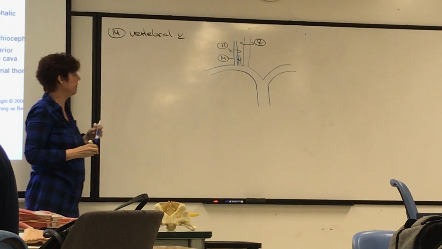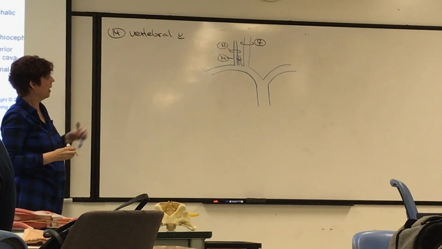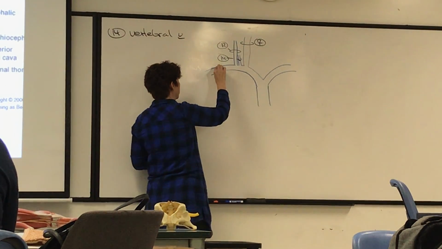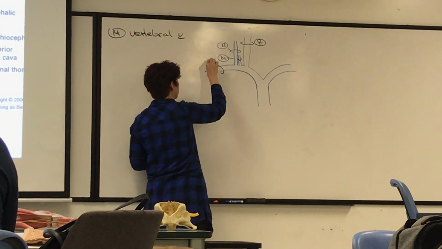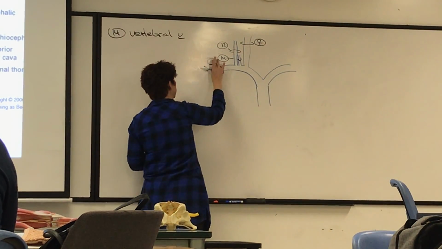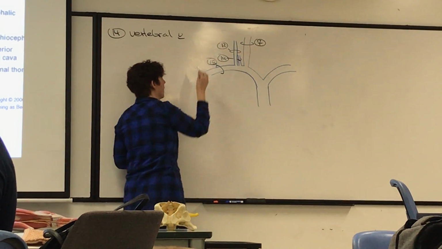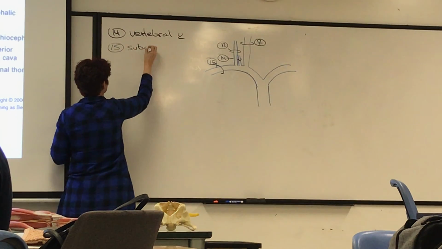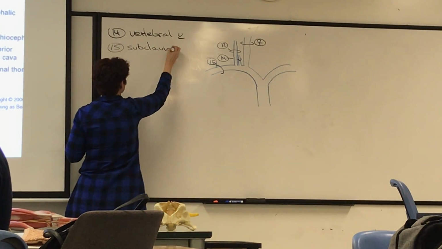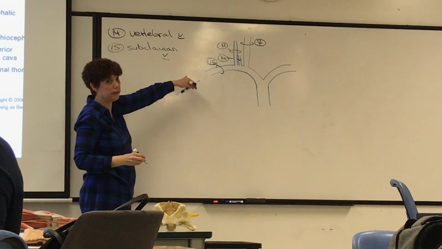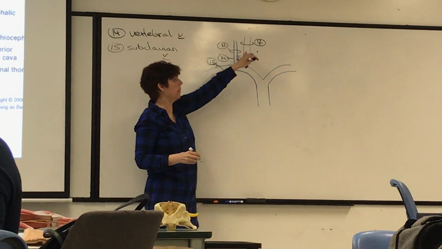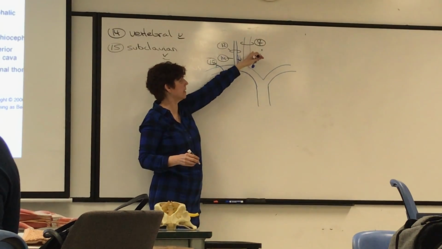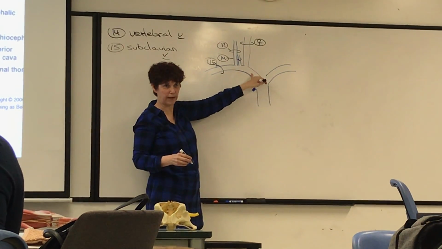The vertebral vein, 14. 7 is internal jugular, so we'll make, not 8, right, 15, the subclavian. So the subclavian vein joins the internal jugular vein to form the brachiocephalic vein.